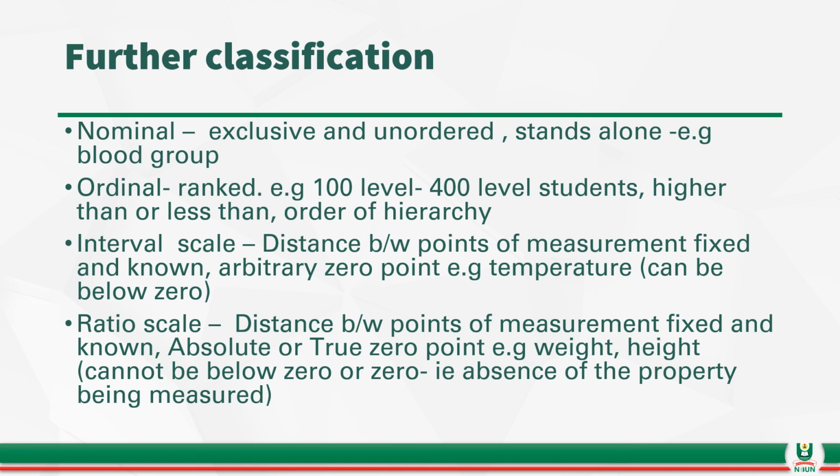Distance between points of measurement is usually fixed. It's absolute 0, like in height and weight. You can't have a value of somebody's height or weight below 0 or even 0. So that is what we call ratio scale. So in further classification of variables, we have nominal, ordinal, interval, and ratio scale.